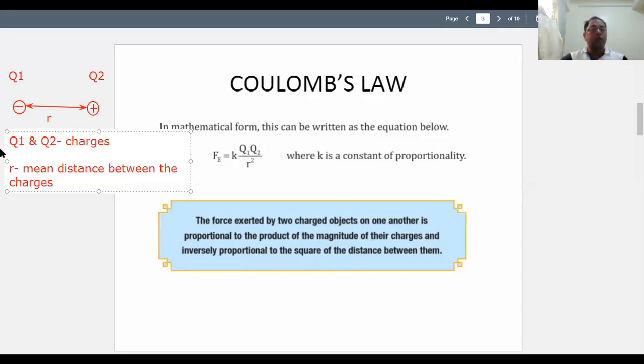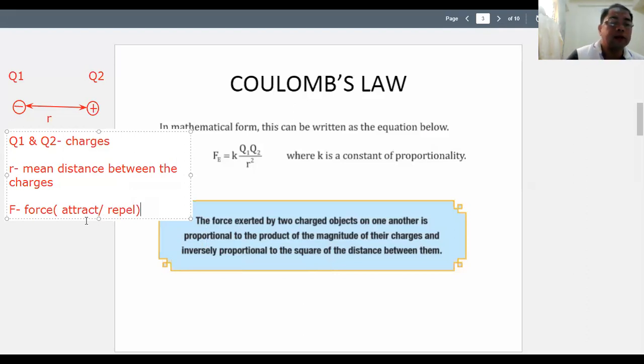These are factors that affect the amount of force. So F here is our force. It's either attraction, where the charges are attracting each other, or they repel, depending on the kind of charge that you deal with.